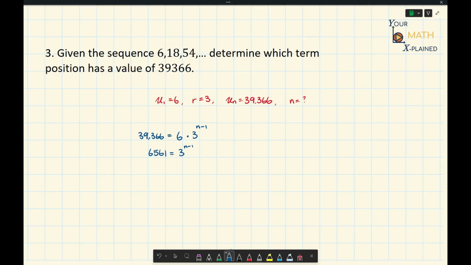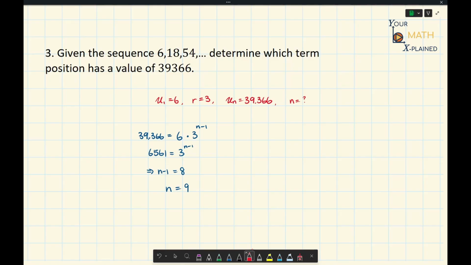So here we're going to be asking ourselves, 3 to the power of what is going to give us 6,561? And through a process of guess and check, we know that 3 to the power of 8 is equal to 6,561. So therefore, that means n minus 1 is equal to 8. So therefore, n is equal to 9.